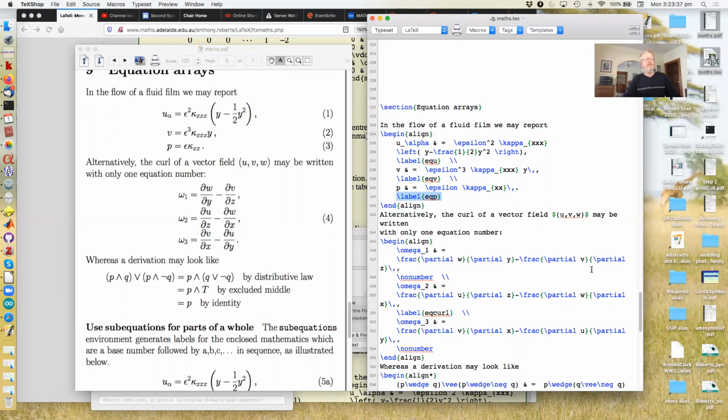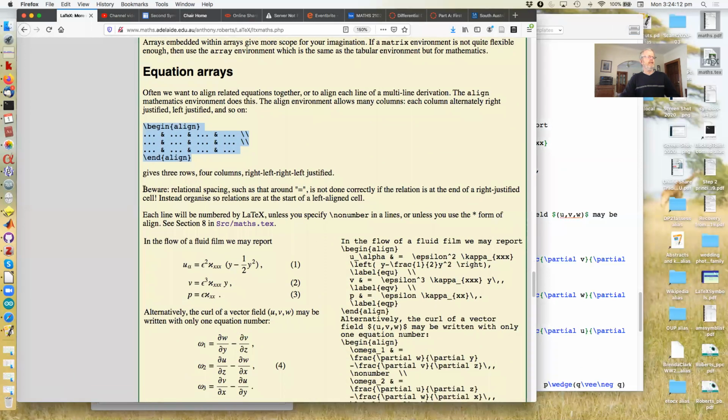If the 3 equations are always going to be referred to together, so that we want only one label like this, then we can do a similar sort of align, but in the line that we don't want to label, we put \nonumber. That's the last line. The first line's also got a \nonumber. The second line does not have a \nonumber, so it gets the number, and we label it so that we can refer to it.